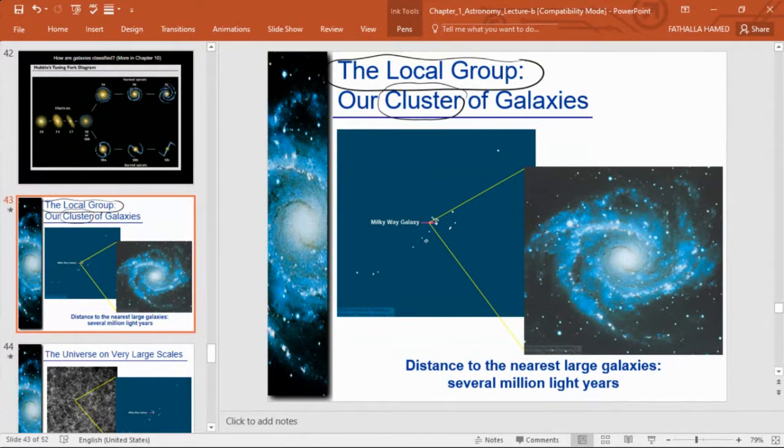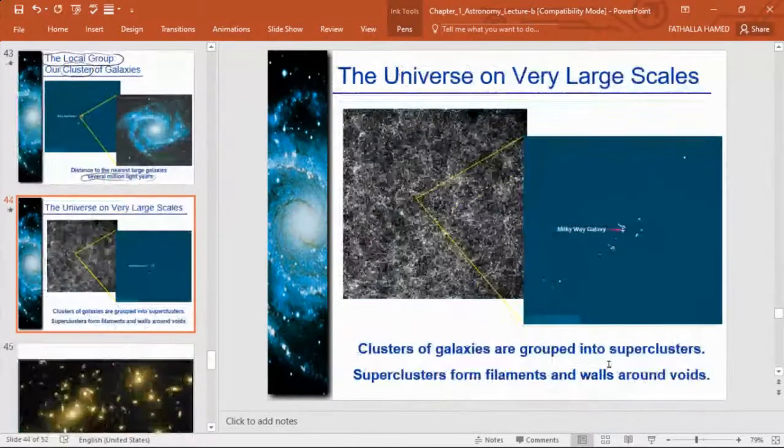So we say that our Milky Way galaxy is within the local group, at a distance of about several million light years, just to tell you how vast our universe is. And that's basically our own cluster of galaxies, and we exist within this local group.